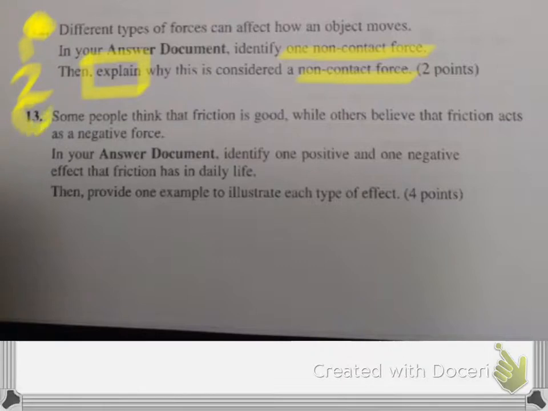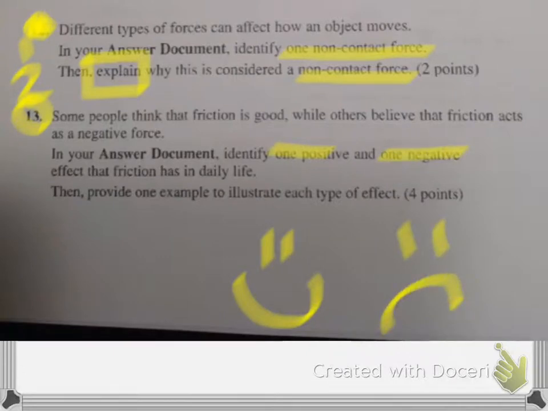Number 13. Some people think that friction is good, while others believe that friction acts as a negative force. Negative means bad. In your answer document, identify one positive, which is good, and one negative, which would be bad, effect that friction has in daily life, so in your everyday life. Then provide one example to illustrate each type of effect.